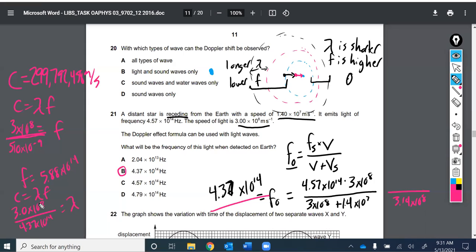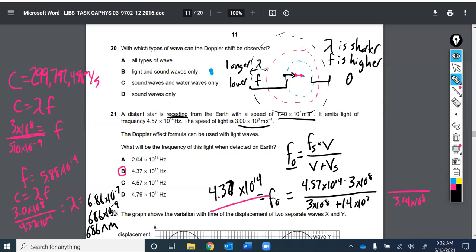So if I take 3 by 10 to the 8 divided by, open parentheses, 4.37 times 10 to the 14, that gives me 686 by 10 to the -9, 686 nanometers.